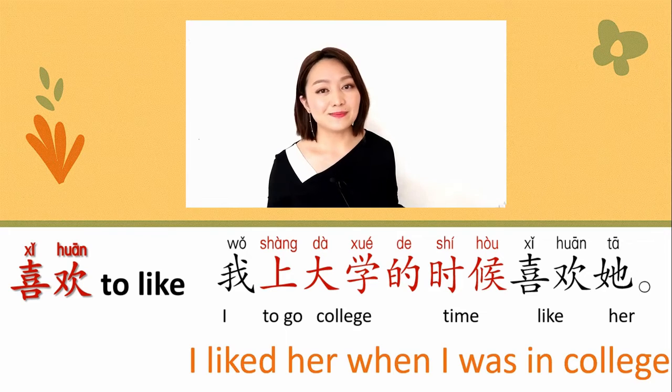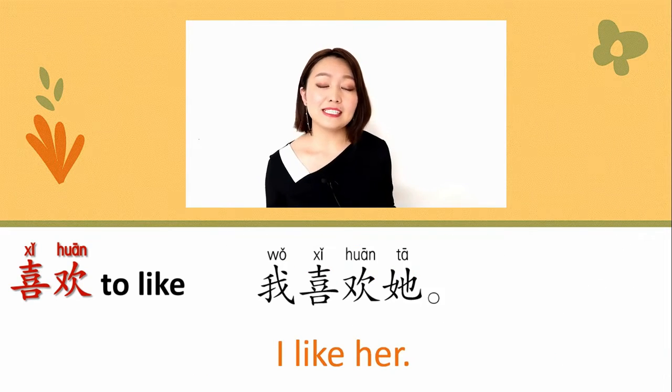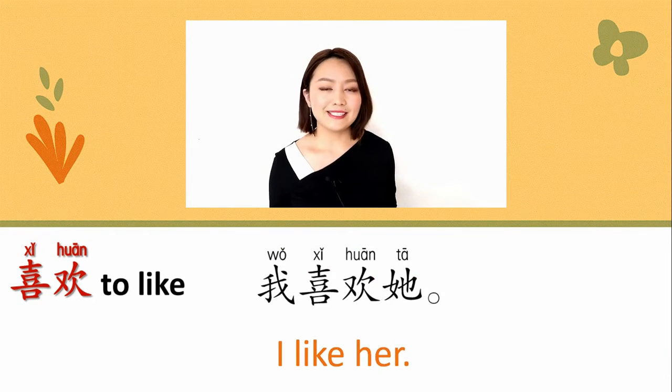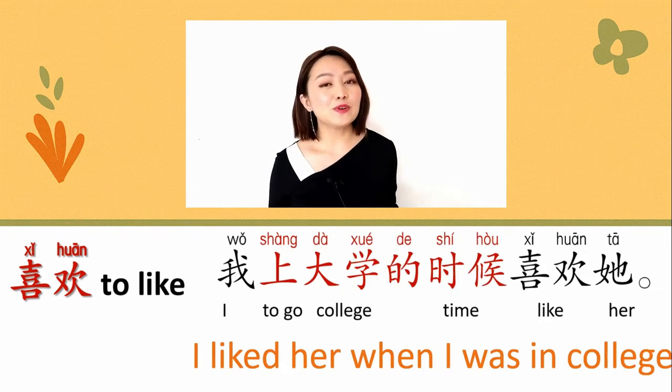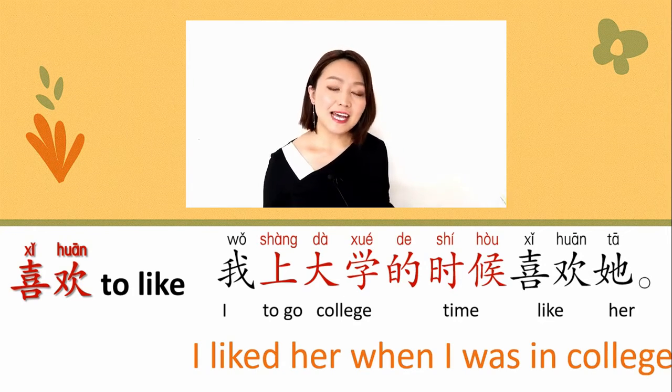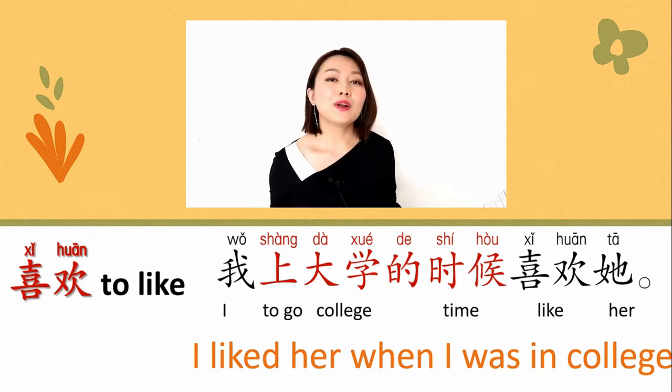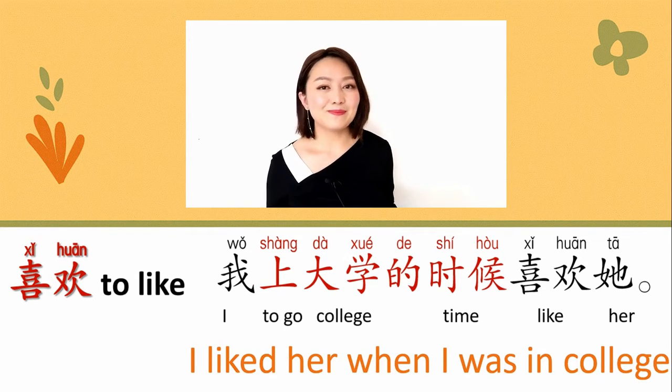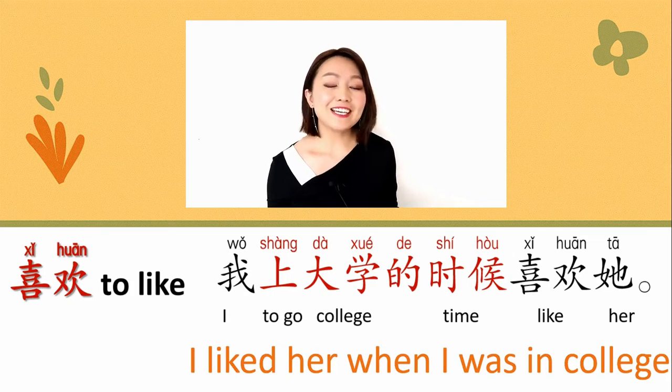So you're talking about the past. The normal present sentence is 我喜欢她. I like her. But you put the time word 上大学的时候, when I was in university. So it became past tense. So you see, for this kind of verbs, you don't need anything.